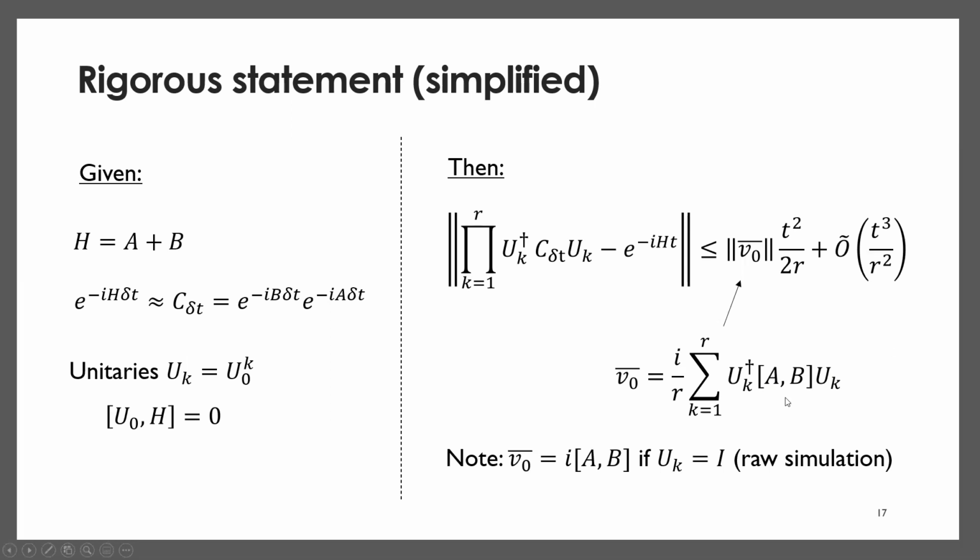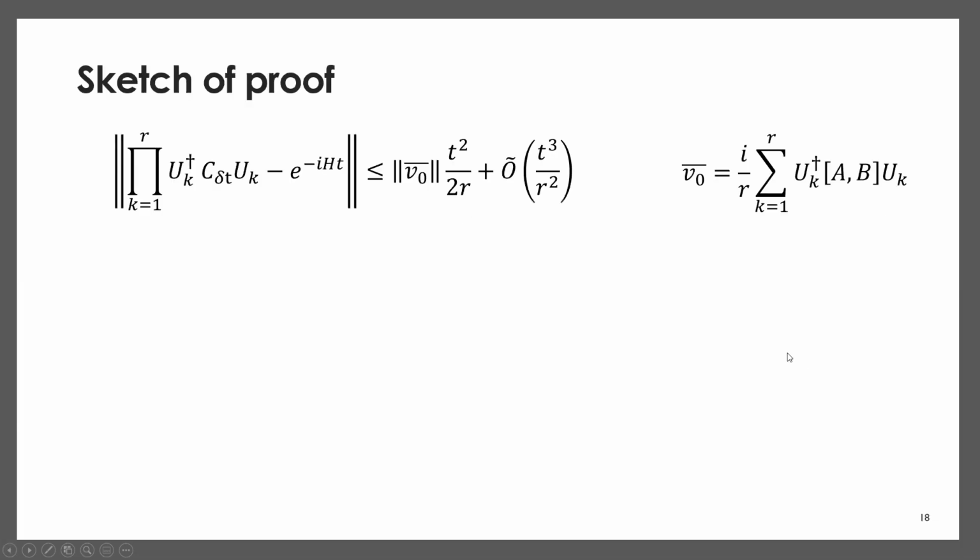But you can also notice that if we choose this UK in a smart way, we may be able to average out this commutator and end up with a next order error. To prove this statement, we basically have 2 steps.